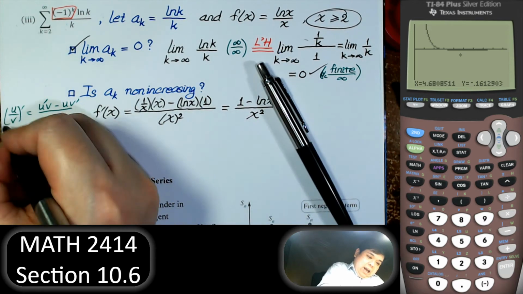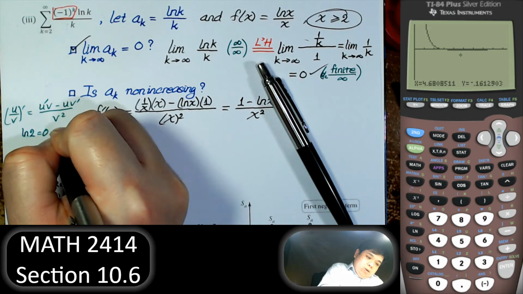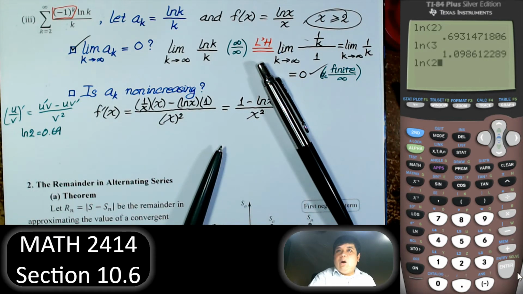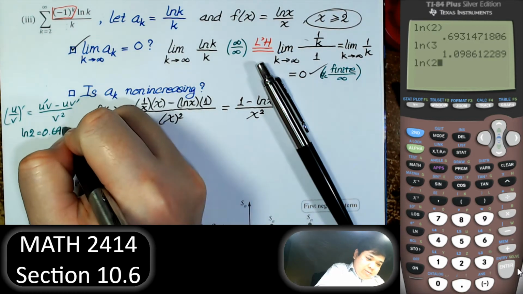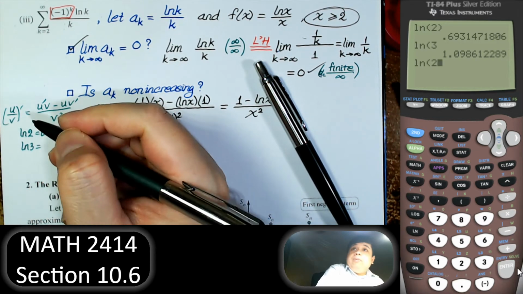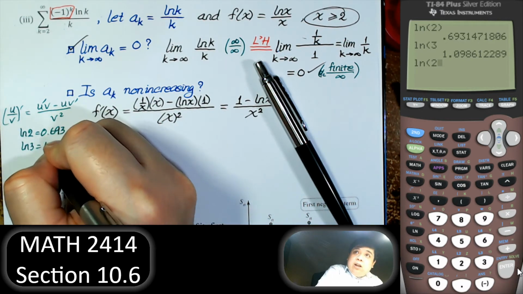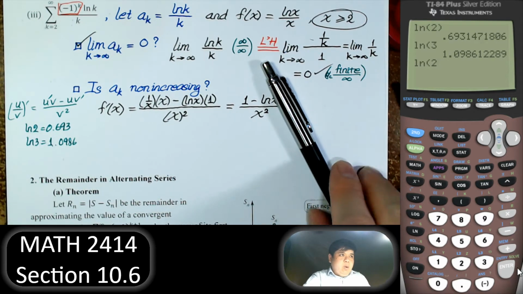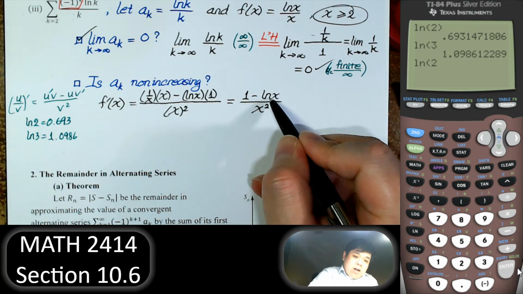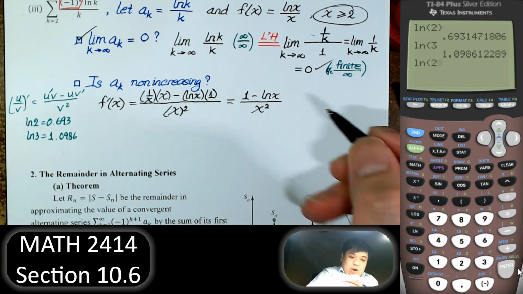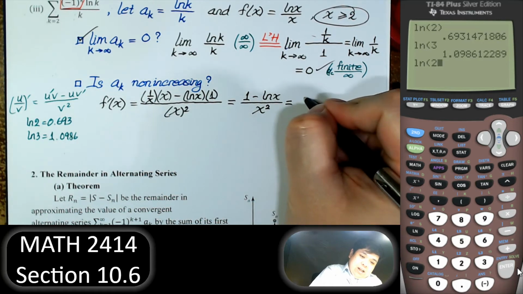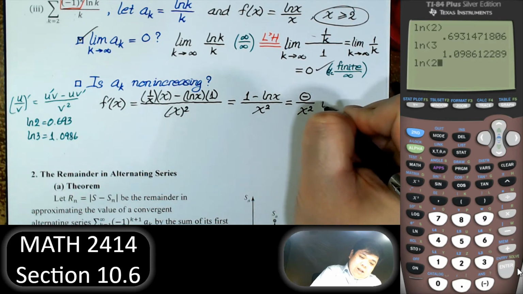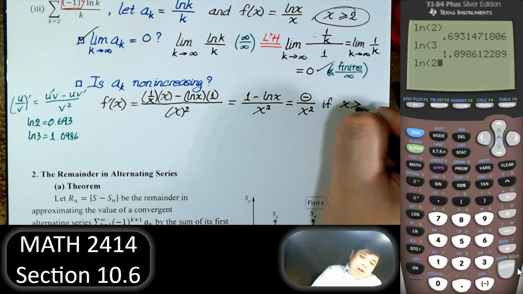Here ln of 2 is 0.693. ln of 3 is 1.0986, and ln of 4 is increasing. So why is that important? If this is bigger than 1, 1 minus that is negative. So this is negative if x is greater than 3.